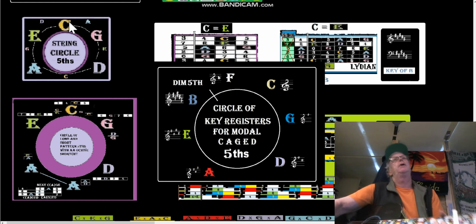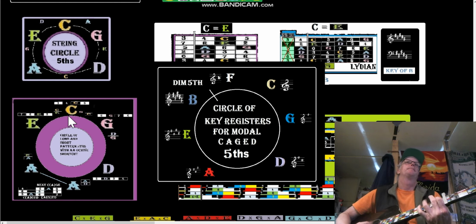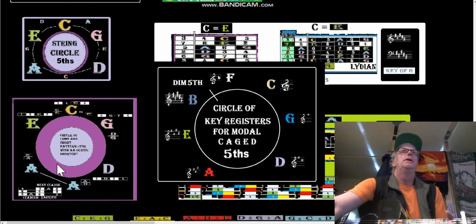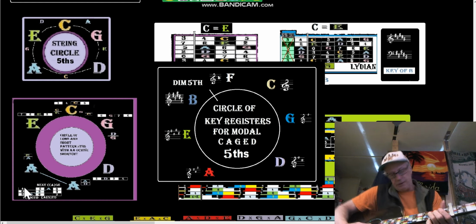If we're doing the long pattern in the C, we've got the C string shape, G string shape, D string shape, but then we're going to do the three of them here, the A to A long pattern string shapes.